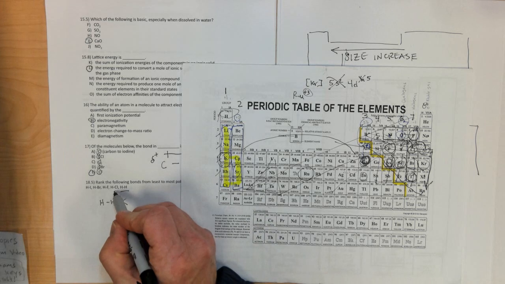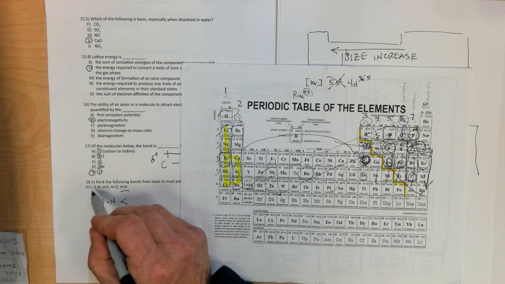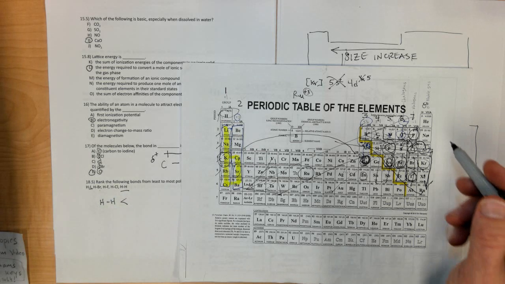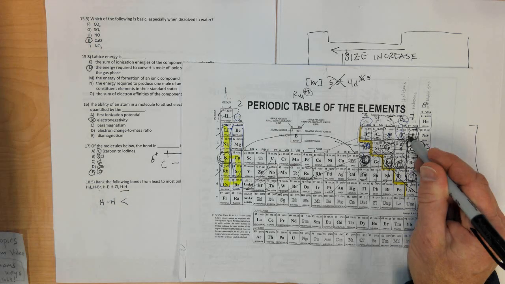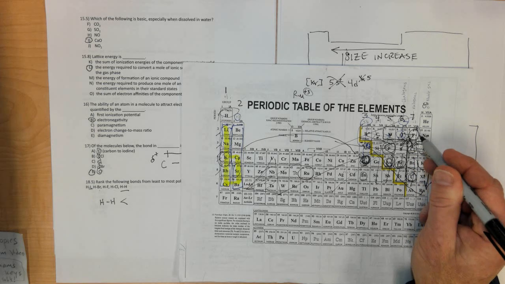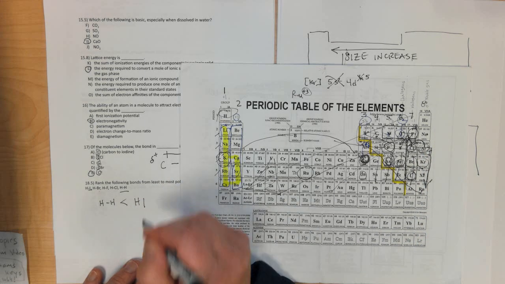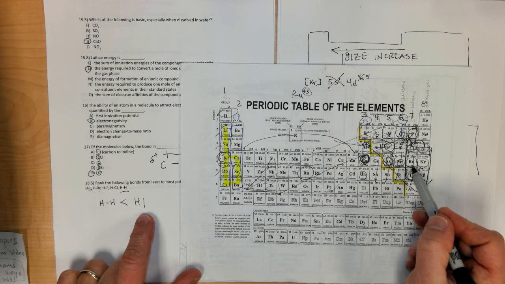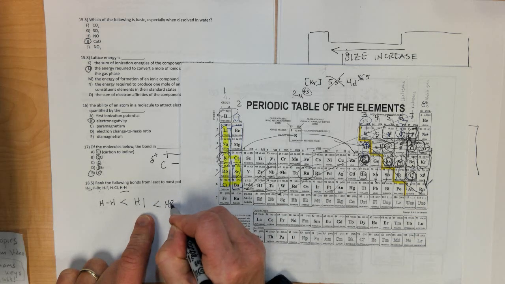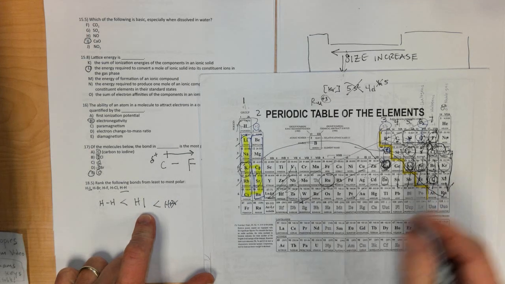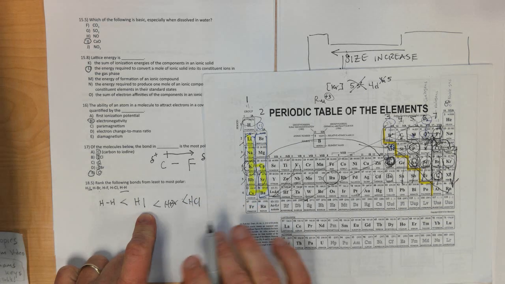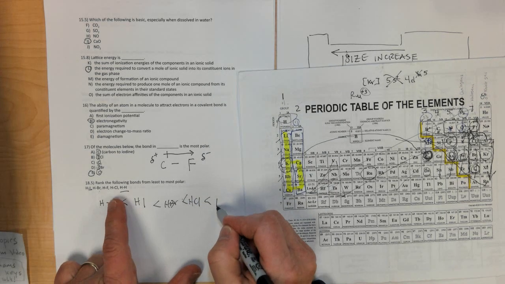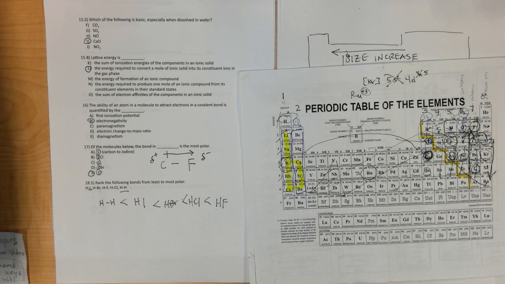And if you compare chlorine, fluorine, bromine, and iodine, electronegativity would increase as you go up this group or family. And so HI would be the next, then HBr, then HCl, and then lastly HF would be the most polar.